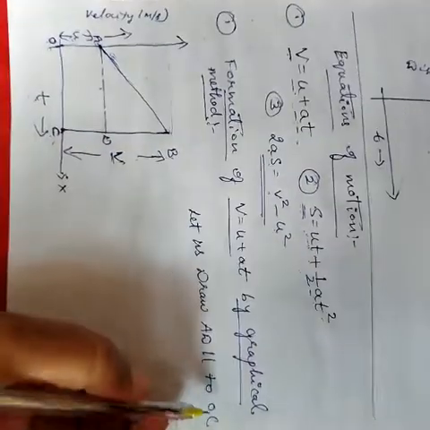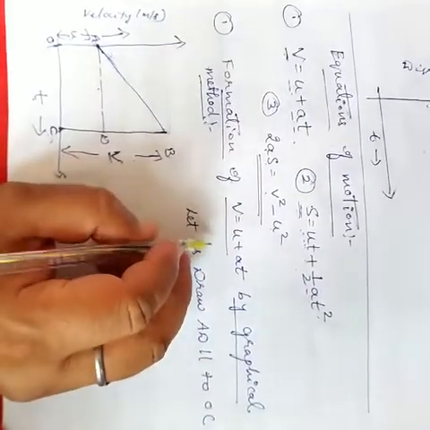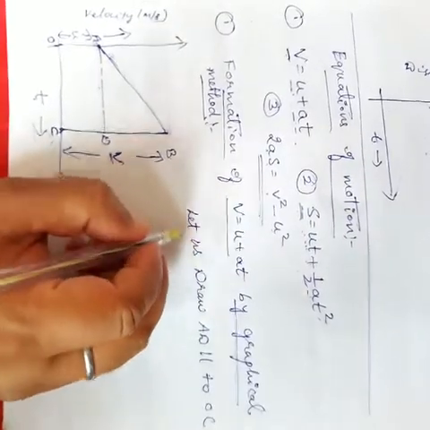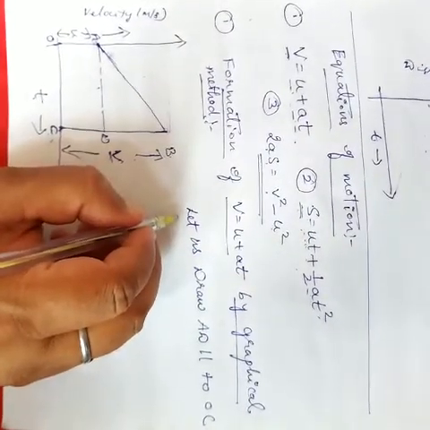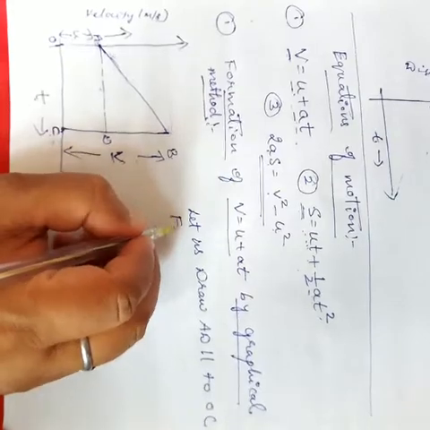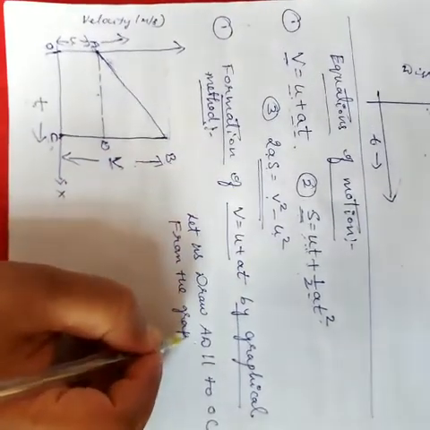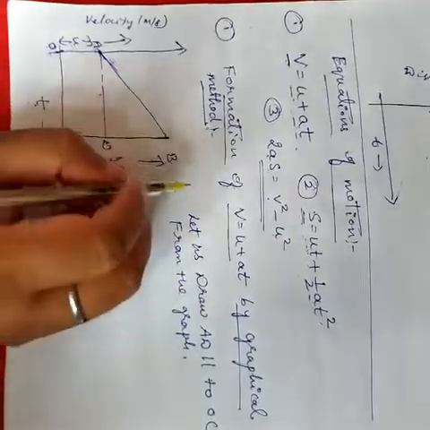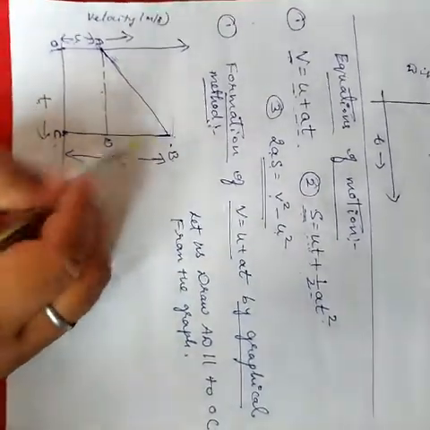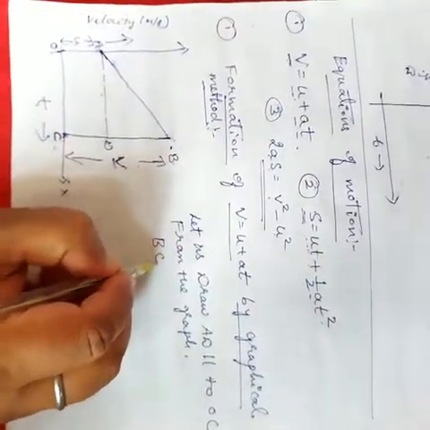Next, observe the graph. What is the velocity change here? BC. The velocity changes here, BC.